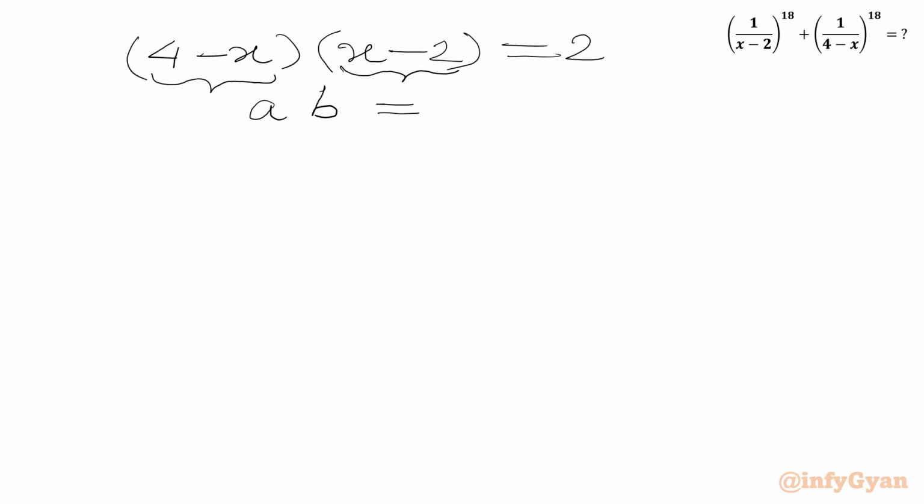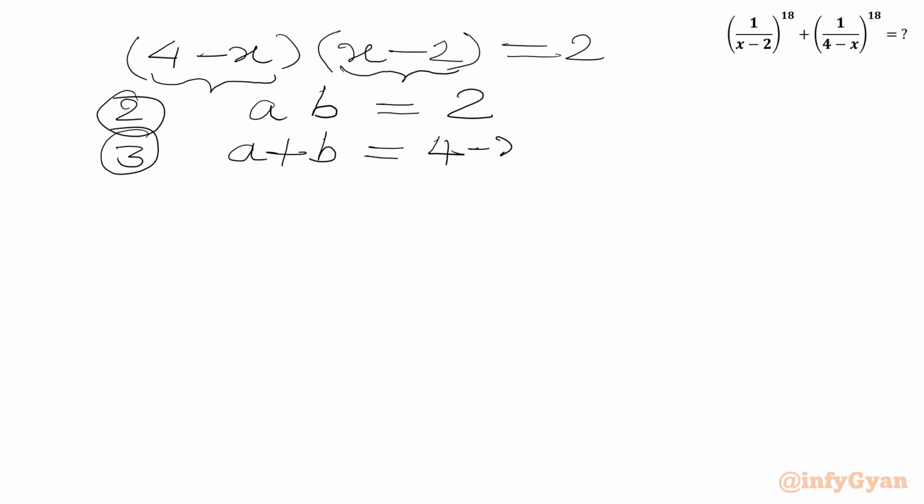So our equation number 2 is ready: a times b is 2. Now we will write equation 3. We will add both. So we will write a + b equal to 4 - x + x - 2. So plus and minus x will be over. 4 - 2 is 2.